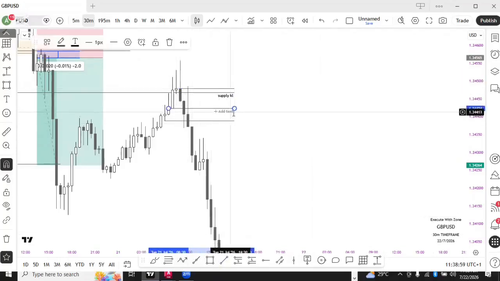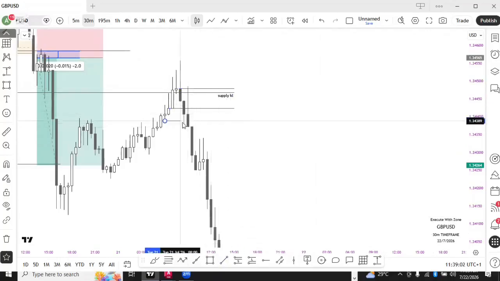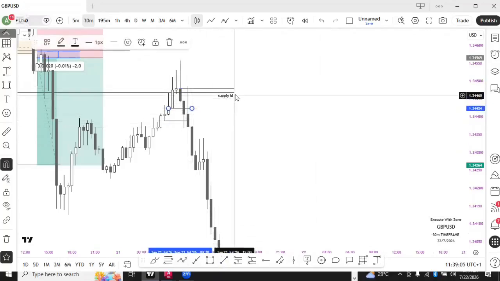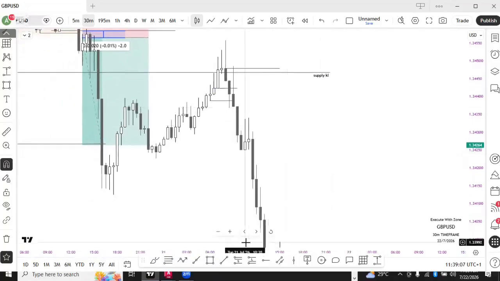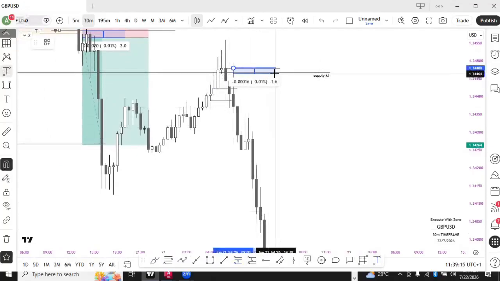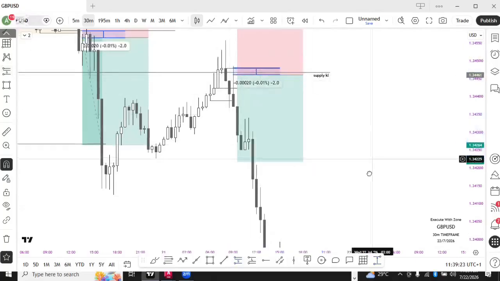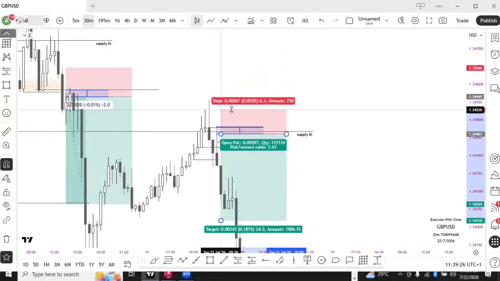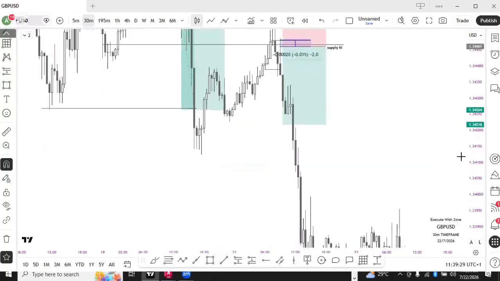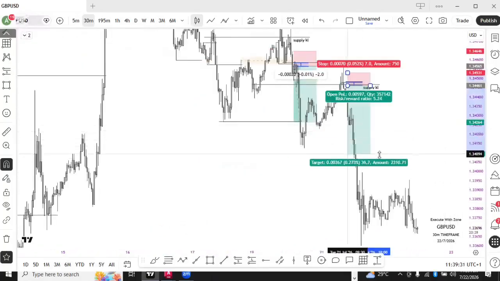Then I'll use the apex instead. Then I'll put my entry from here, but I'll mention 2 pips below my major entry, and then I will enter from these 2 pips below. Stop loss should be at this sweep, and my TP should be at this next low.